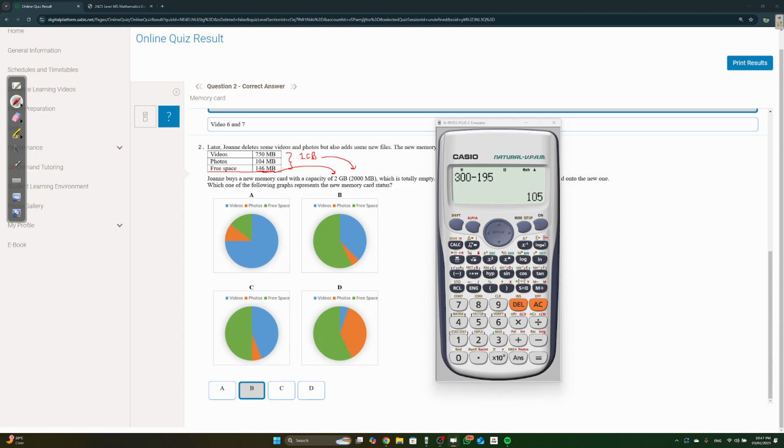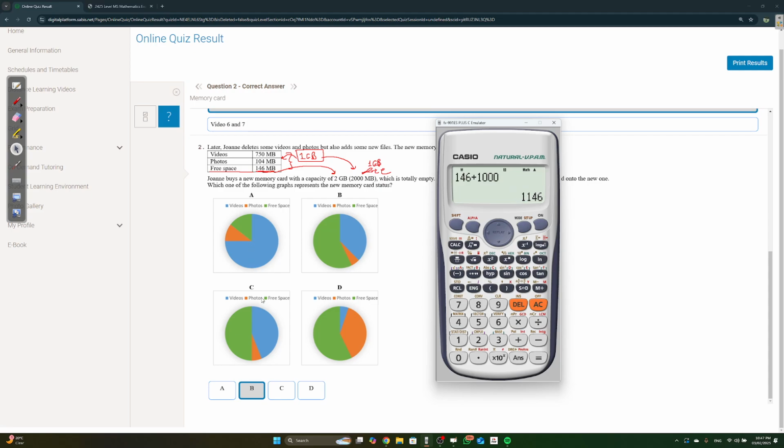So when you transfer to 2 gigabytes, out of the 2 gigabytes, 1 gigabyte will be occupied from this, and the rest will be 1 gigabyte, which is free. So for that reason, we're gonna have 1 gigabyte free space from the empty space remaining, plus the free space originally from the first memory card. So it's gonna be 146 plus 1000. So you're gonna have 1146 free space.